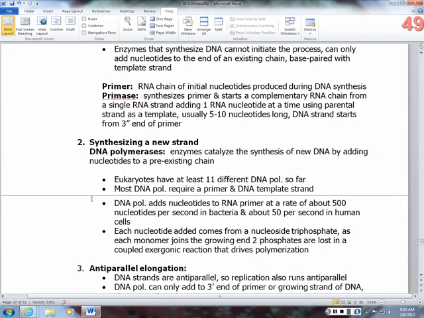I have referred to it usually as just DNA polymerase or RNA polymerase. There are different variations. In the last 15 years, they have identified that eukaryotes have at least 11 different DNA polymerases.